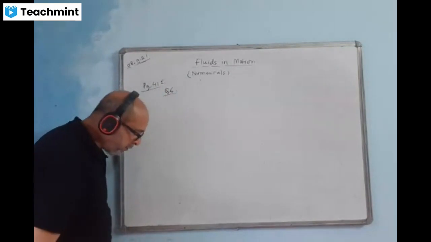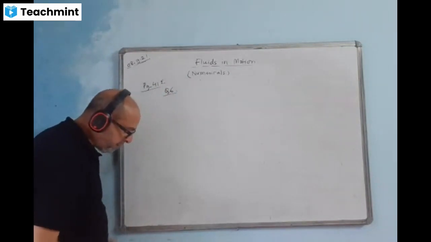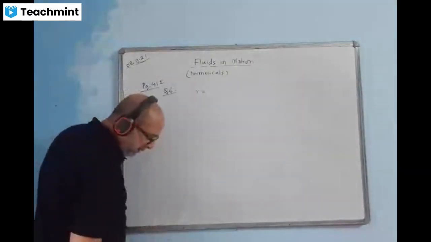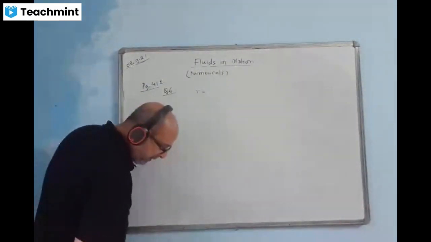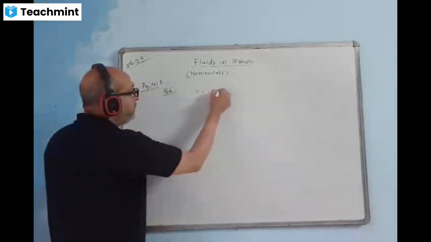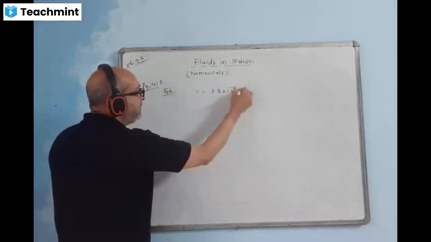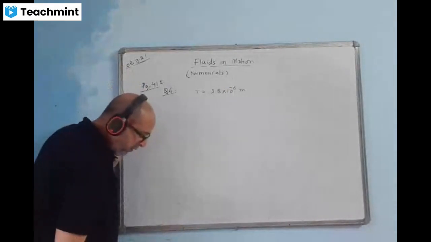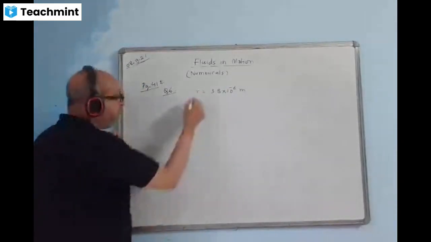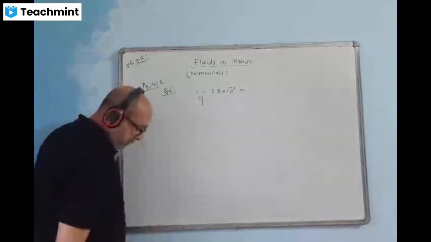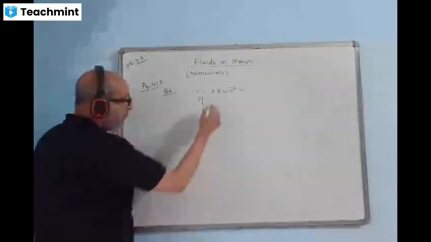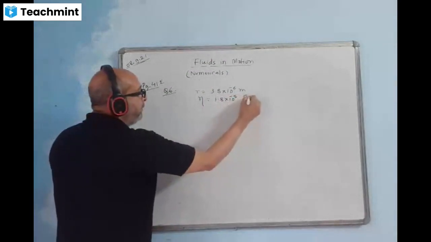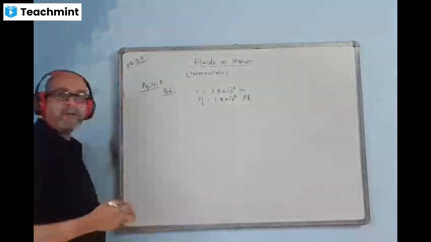Calculate the terminal velocity of an oil drop. The radius of the drop, R, is given: 3.8 into 10 to the power minus 6 meter, radius of the oil drop, falling through air of coefficient of viscosity, the viscosity value is given, 1.8 into 10 to the minus 5 Pascal second.